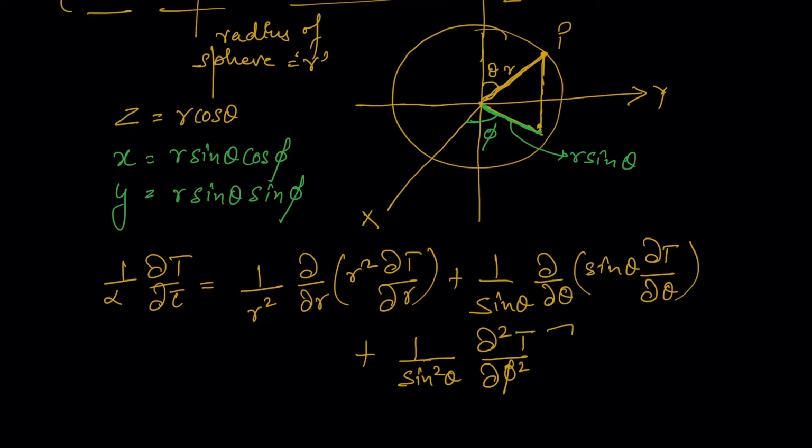So this whole term, plus q dash by k. This is the equation in the spherical coordinate system.